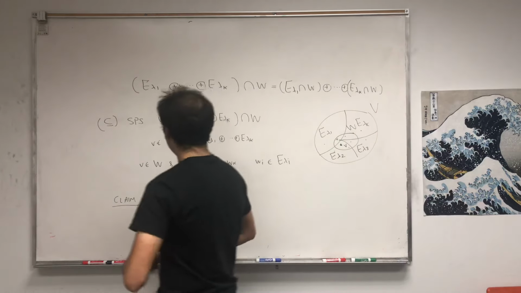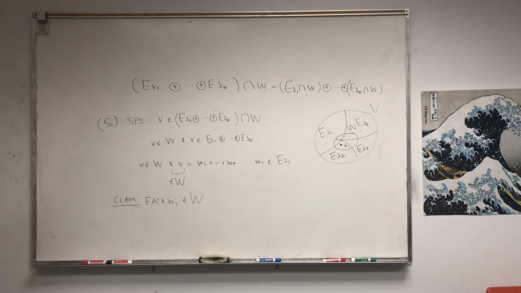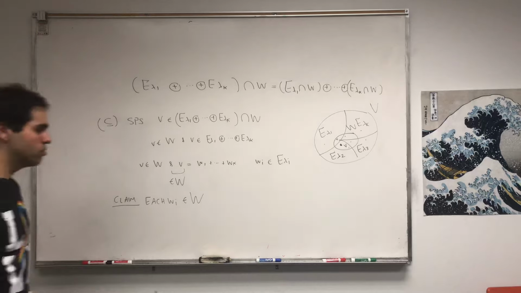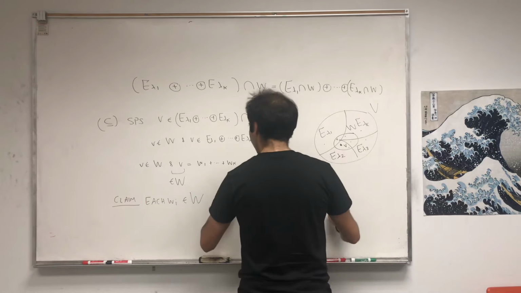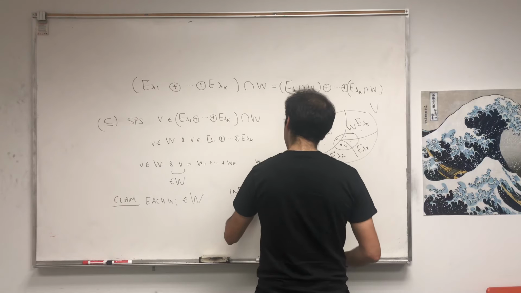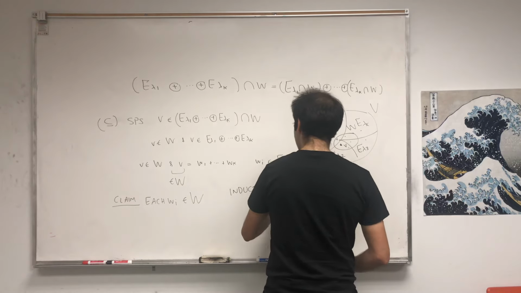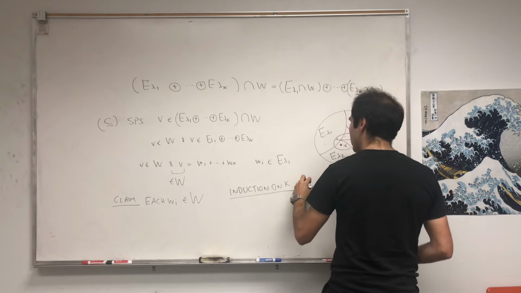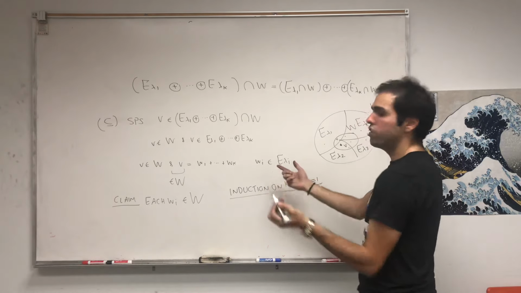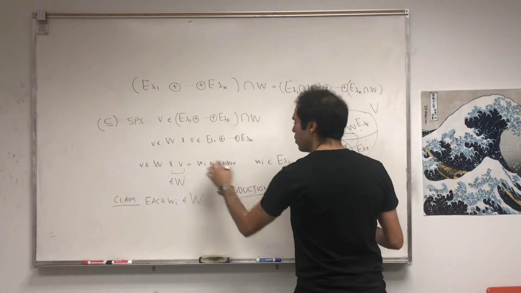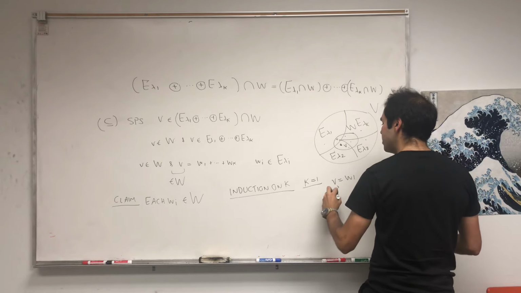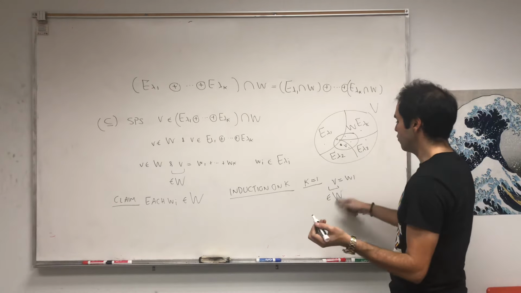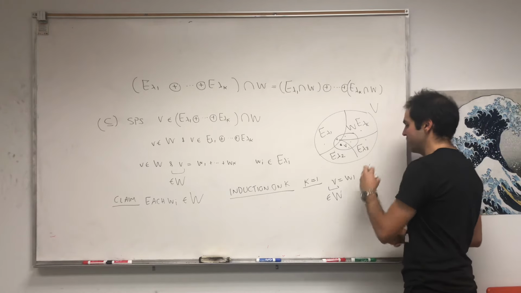And I believe the way you do this is just by induction. So let me show you the inductive steps. Basically induction on k. Because if k equals 1, then there's nothing to prove. Then V equals W1, but we know V is in W, and therefore W1 is in W. So we're done.